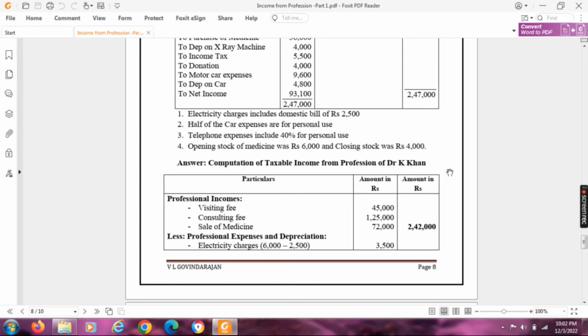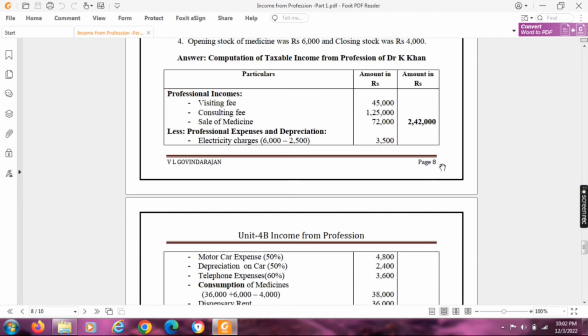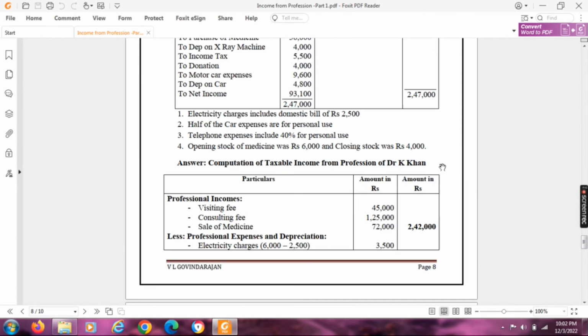Next, depreciation on car 4,800, in that also 50%. Next, telephone expenditure includes 40% for personal use, so the balance 60% only is for his professional use. Total amount 6,000, of which 60% only is professional use. So all the adjustments we covered.